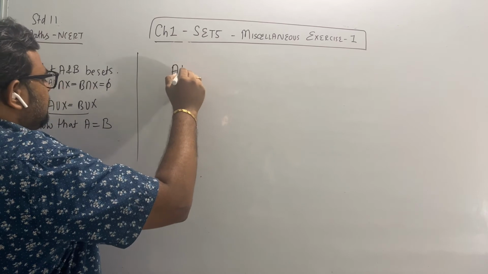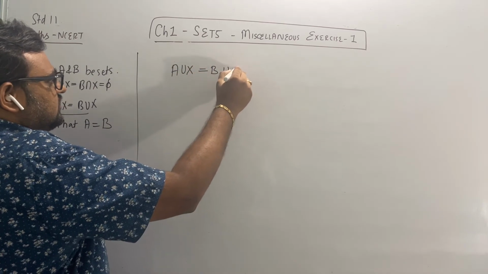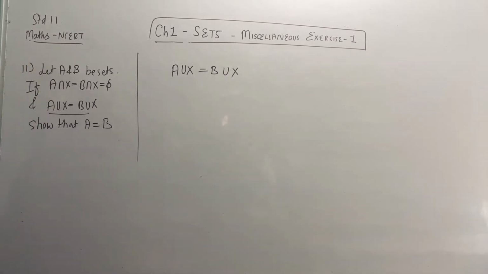A union X equal to B union X. We have taken the given thing.